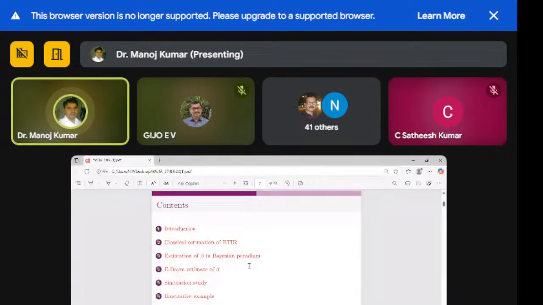I have considered different loss functions for the decision purpose, two types: symmetric and asymmetric loss functions.